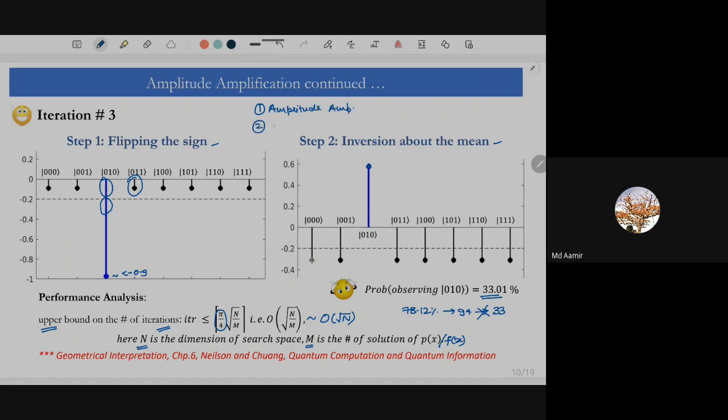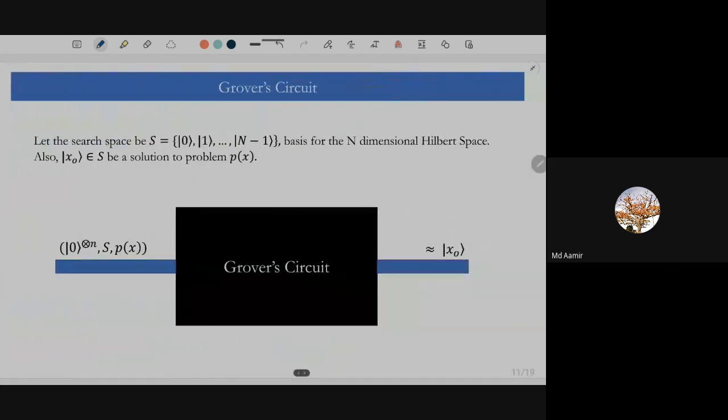Then we have seen the theoretical implementation of step 0, step 1, and step 2. We saw all three. And now we'll proceed to the circuit implementation, how we can implement all these functions which we found in step 0, step 1, and step 2, using the quantum gates.